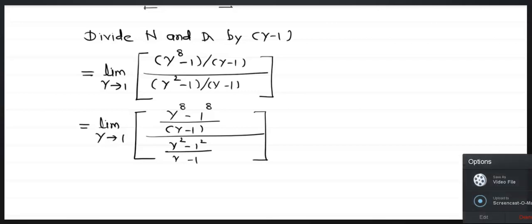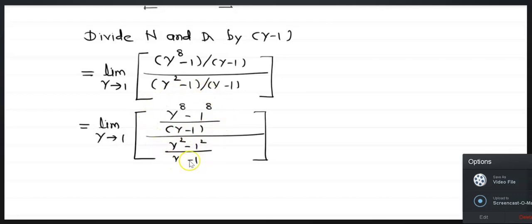Now, this is the important step. That is, y raised to 8 minus 1 raised to 8, 1 raised to 8 is overall its value 1. For the adjustment, we are making this divided by y minus 1. In the denominator, y squared minus 1 squared upon y minus 1.